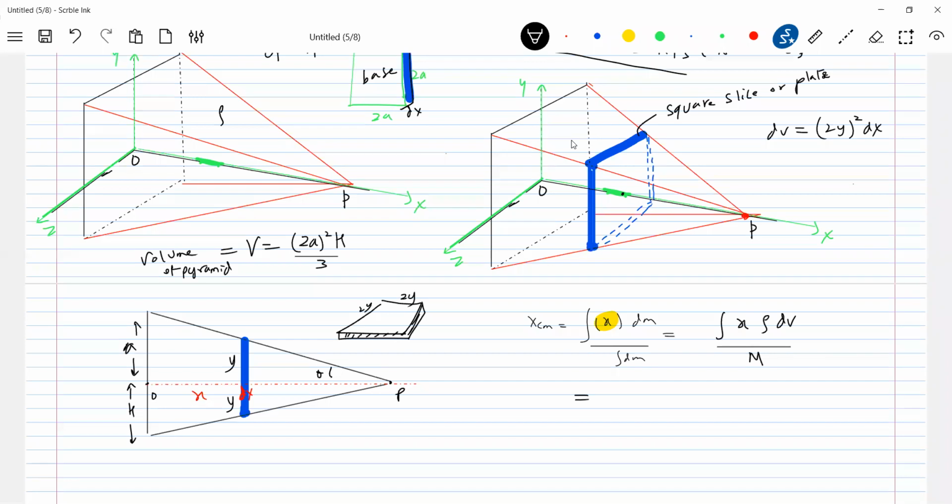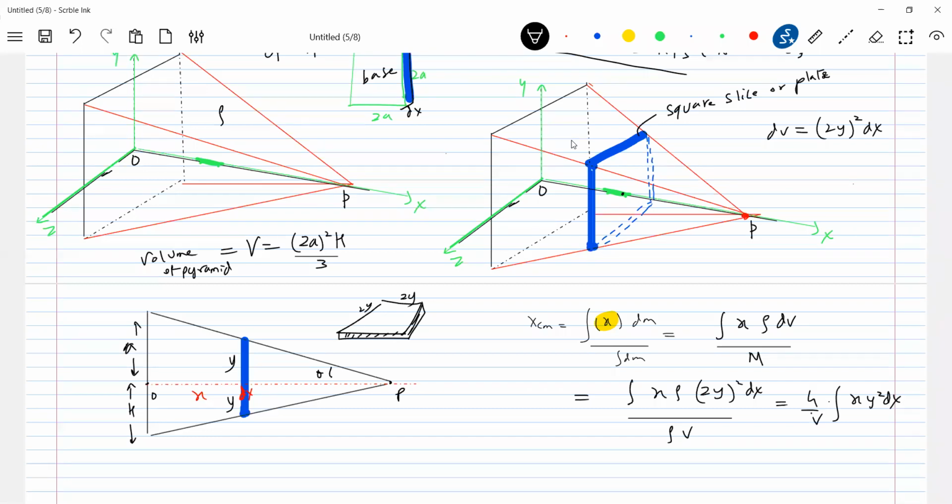So now this will be x rho, dV is what? 2y square dx. What is m? Mass should be equal to rho into V. This should be x. 4 will come outside. 4 by V, x y square dx.